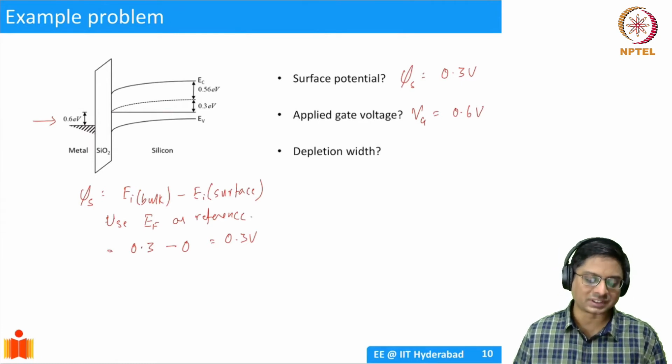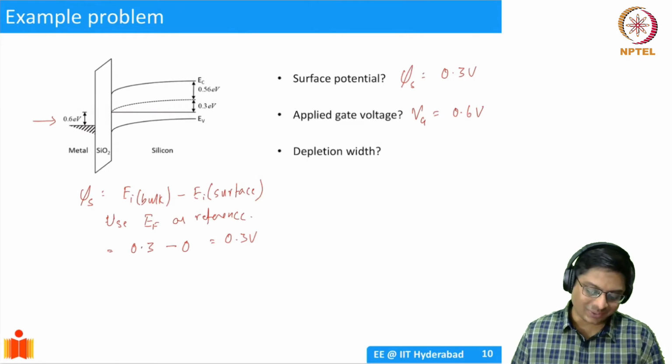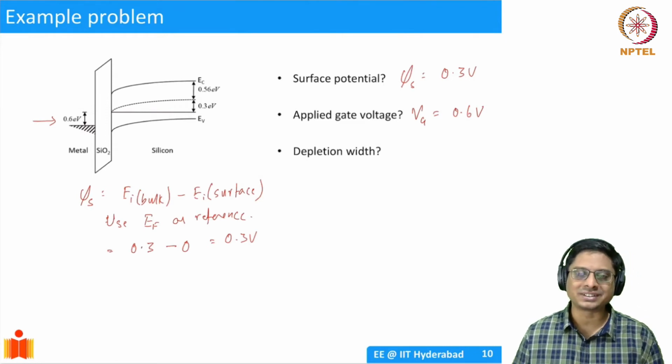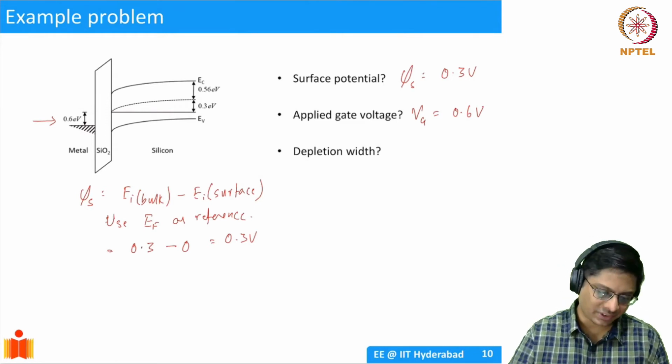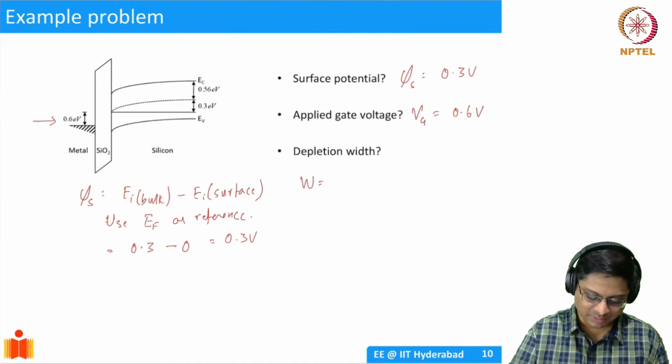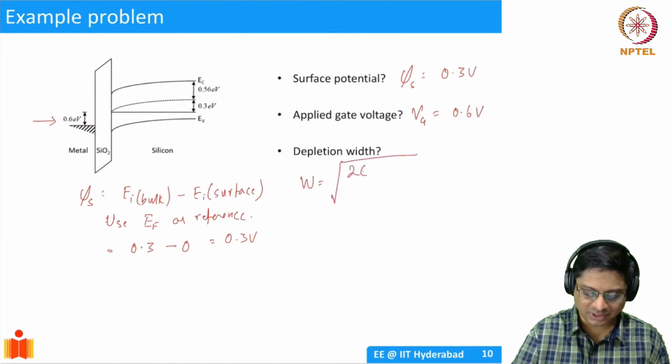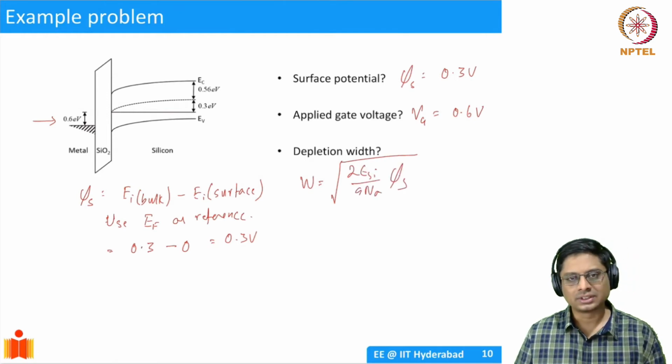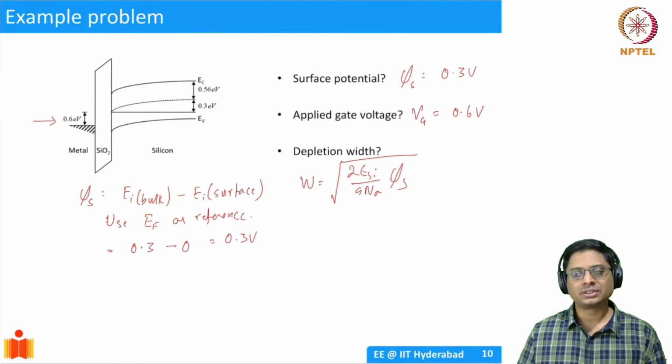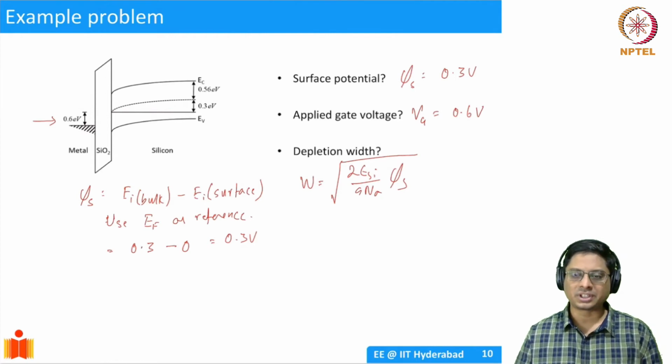What is the depletion width? Well, this could be tricky, right? So how do you calculate the depletion width? Well, we know the depletion width formula, right? We have done it now, starting with PN junctions, multiple times. So 2 epsilon silicon by Q NA times phi s, under a square root. Whatever the surface potential is, you calculate based on that. So we know surface potential.